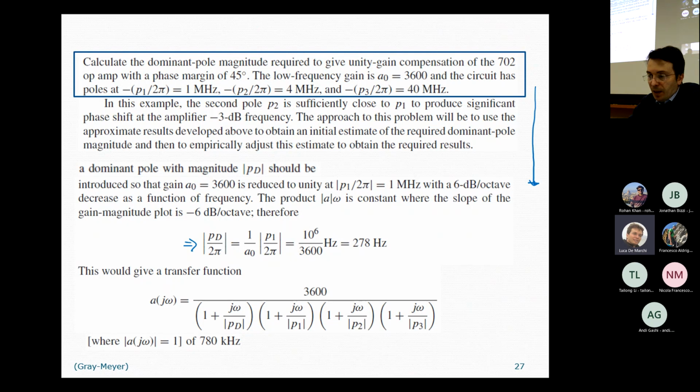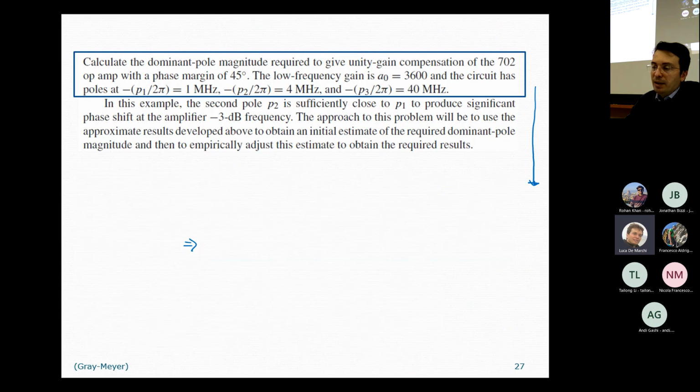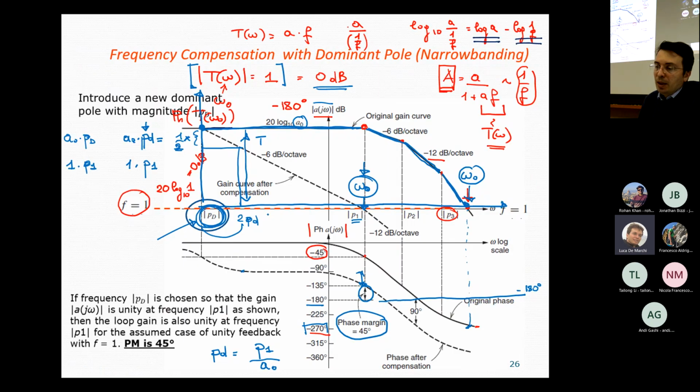On a quite important note, we have computed this PD value assuming a perfect asymptotic plot, while actually we have a reduction of 3 dB in correspondence to this frequency value here, P1.